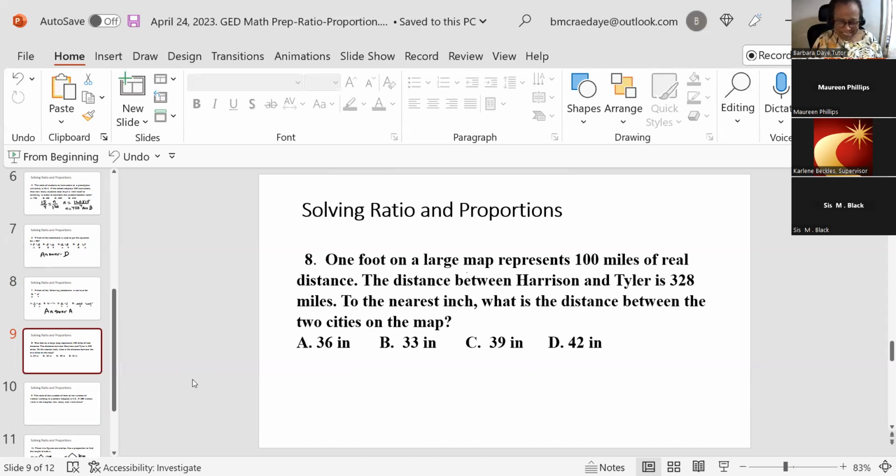This one is work. Okay, so I want on a map. Sometimes they have a scale where they say an inch represents miles. So we want to know here, if we know the ratio between miles and inches or a foot, we can then find the distance between two cities. So I want you to, on a large map, one foot represents 100 miles, right?